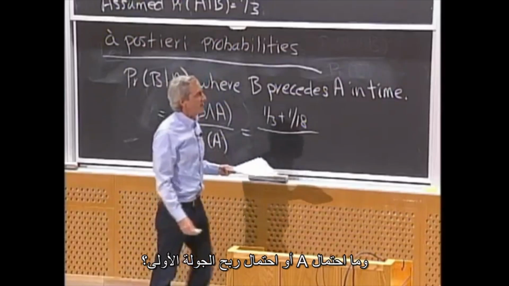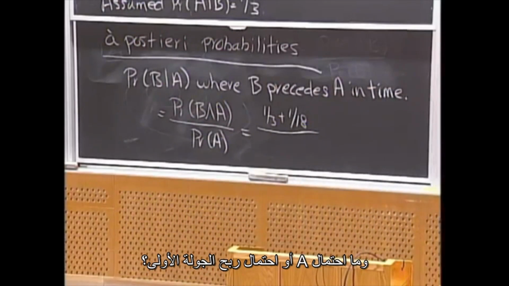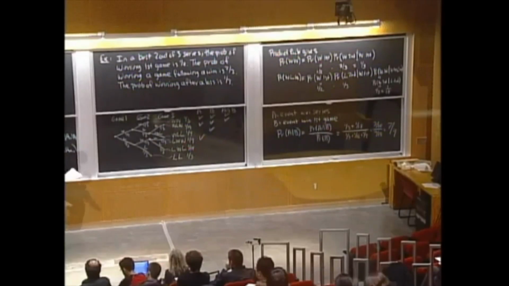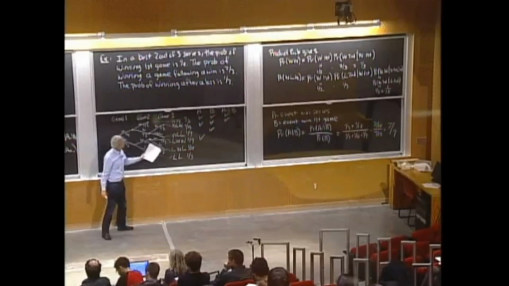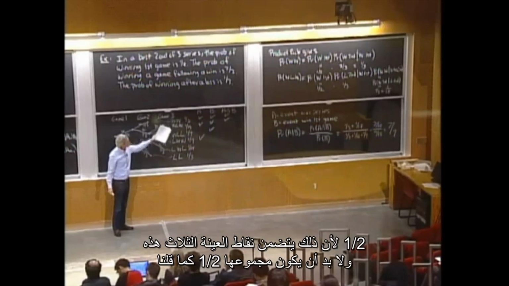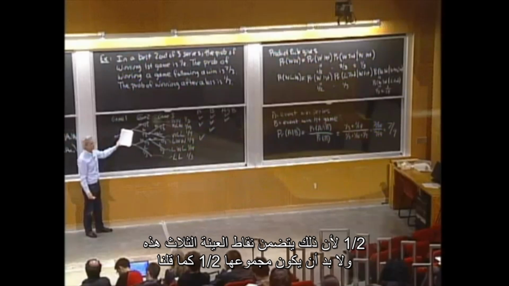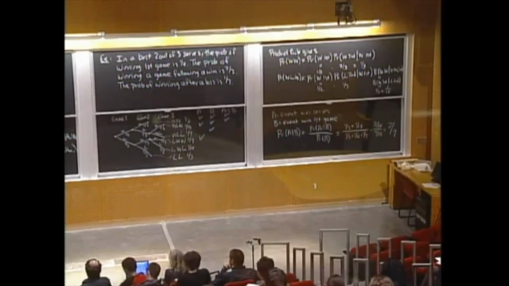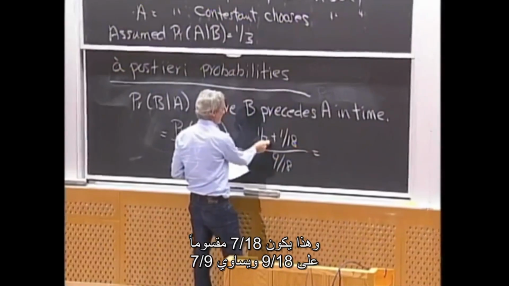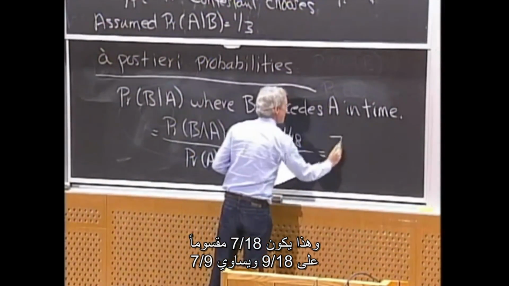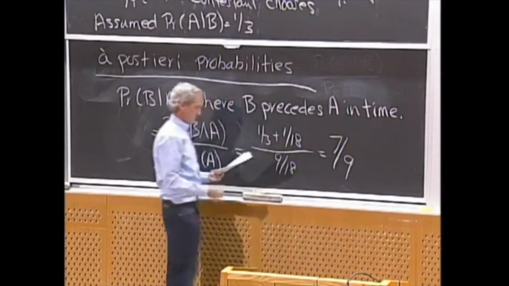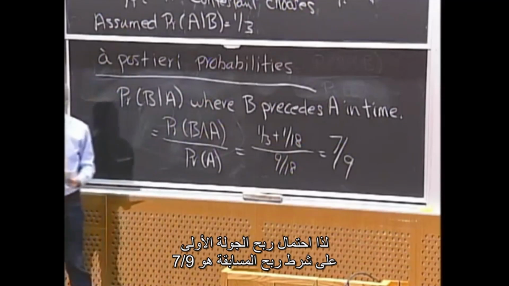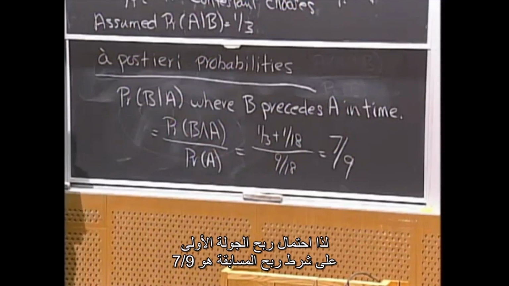What's the probability of A? The probability of winning the first game? 1/2. It's those 3 sample points, and they better add up to 1/2, because we said the probability of the first game is 1/2. So that's over 1/2, which is 9/18. Well, this was 7/18 over 9/18. It's 7/9. So the probability of winning the first game, given that you won the series, is 7/9.